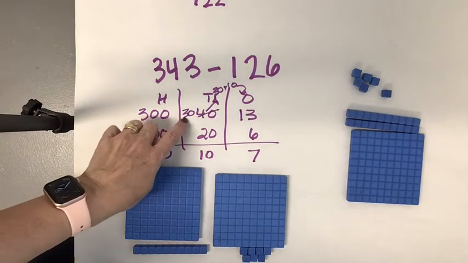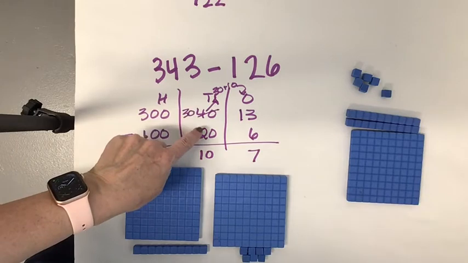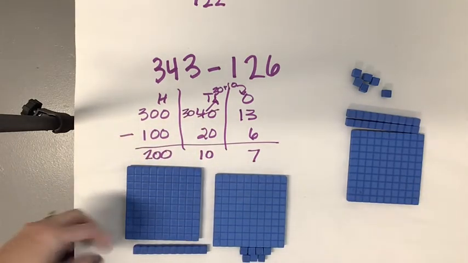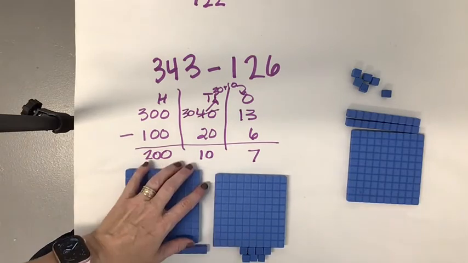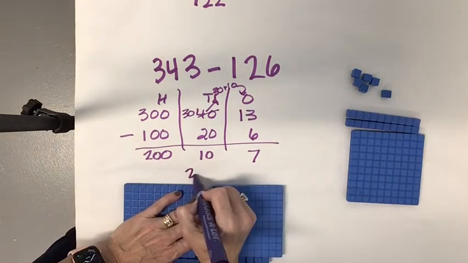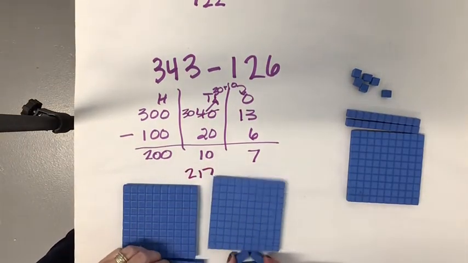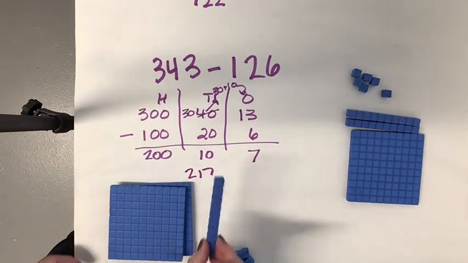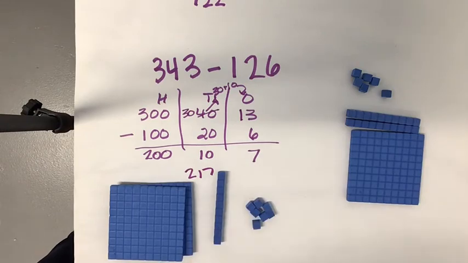So in this case, 3 tens take away 2 tens. 3 minus 2 is 1. And then they can put their number back together, 217. They can look at their model and prove that that is true. We do have 200, we have 10, and we have 7 ones left over.